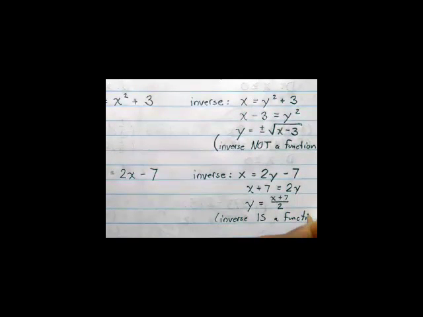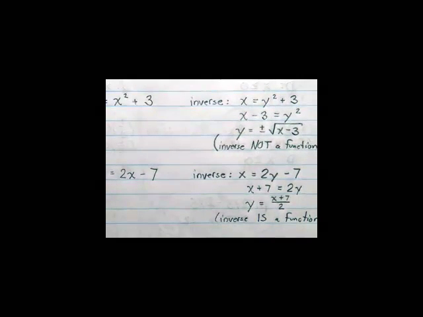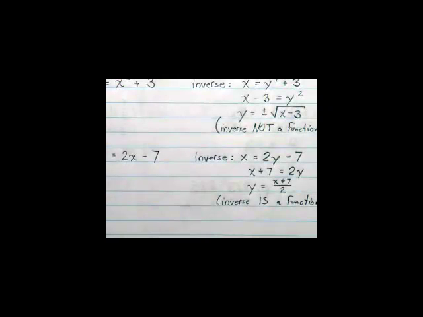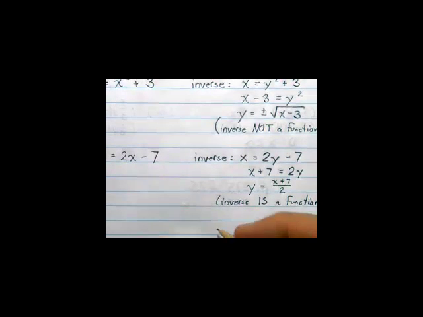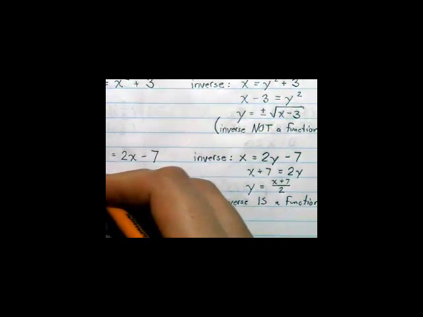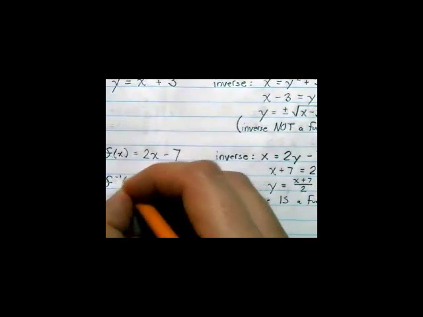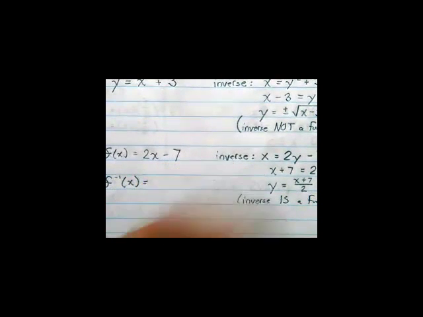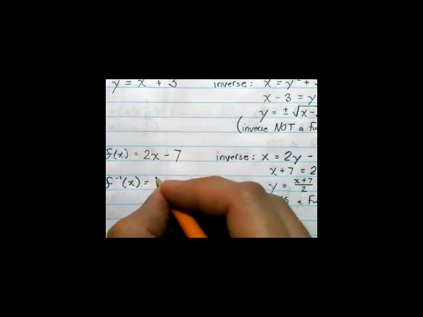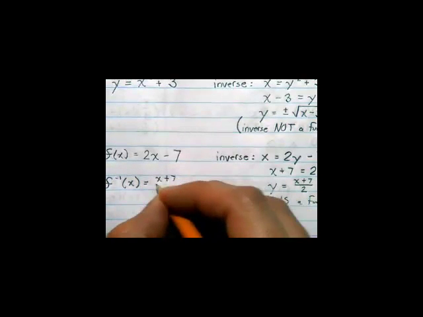And if the inverse happens to be a function, then I can write it in that little inverse function notation stuff that I showed you at the very beginning of your notes. That little f with the -1 thing. All right, so for this one, we would say f inverse of x equals x plus 7 over 2.